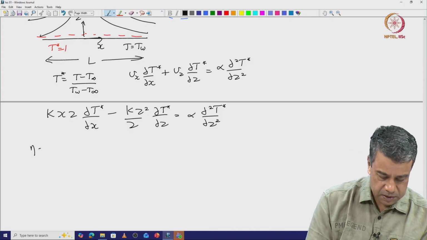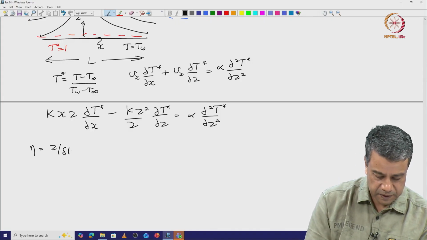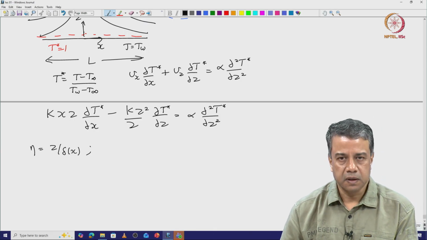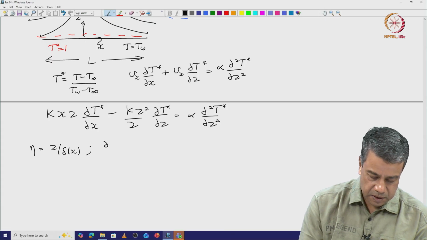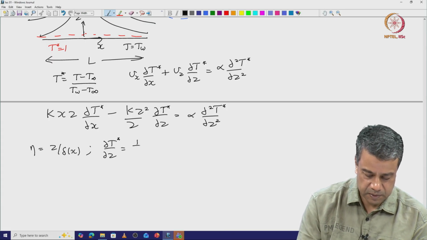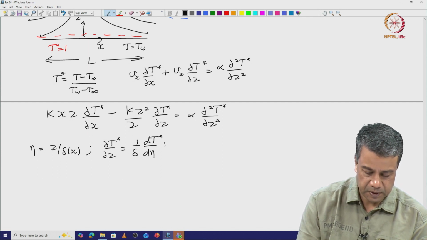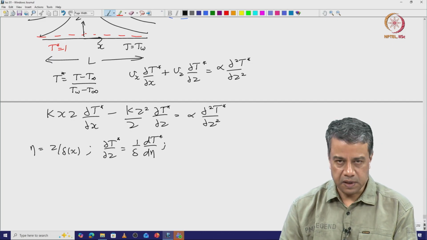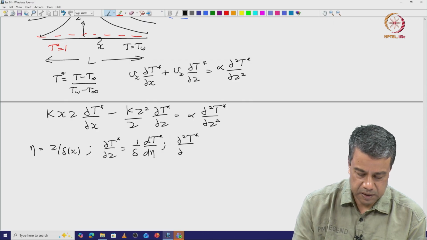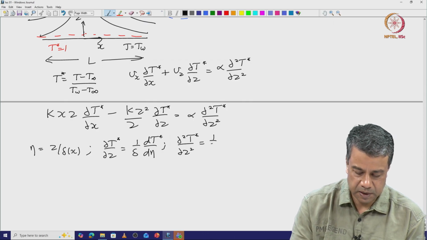Substitute eta is equal to z by delta of x. Partial t star by partial z is 1 by delta dt star by d eta. We had derived this before. Partial square t star by partial z square is equal to 1 by delta square d square t star by d eta square.